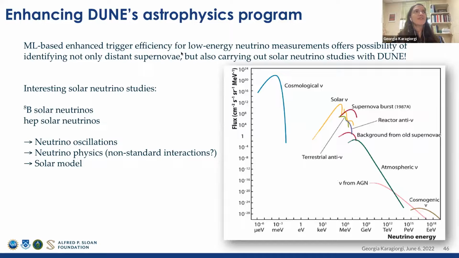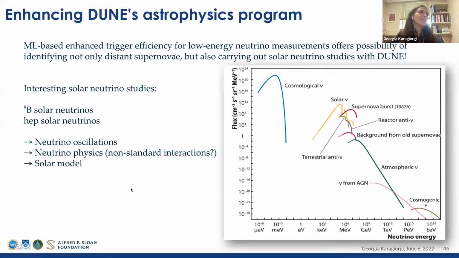Now, overall, the enhanced trigger efficiency for low energy neutrino measurements also offers the possibility of moving to lower neutrino energy towards solar neutrinos. And in this case, if we can detect neutrinos of just a few MeV, then we have access to boron-8 neutrinos produced in the sun, or hep neutrinos produced in the sun potentially.